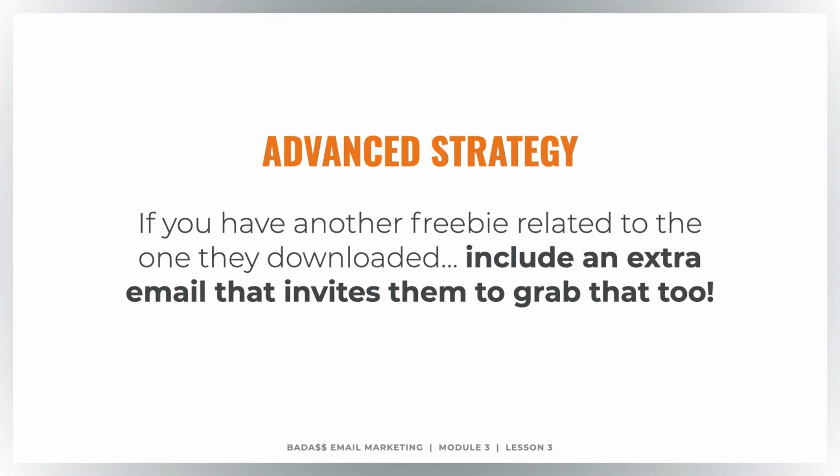If you think about the purpose of it, it's adding even more credibility, more credence to me as the guide, and also establishing one of my core beliefs of being a radical giver. So that's why I do it. But this is a great way to really cement yourself as the trusted guide through your nurture sequence. So if you have a secondary freebie that's related, look, they're already on your list.